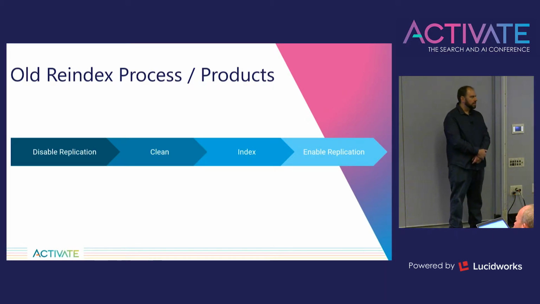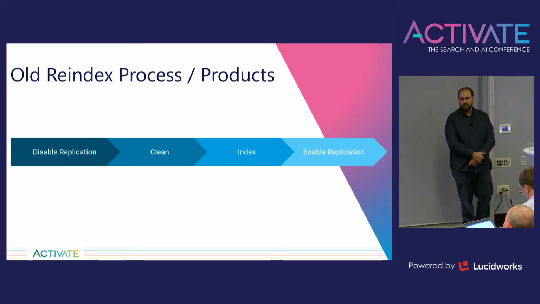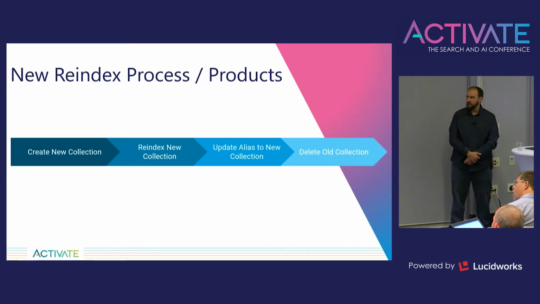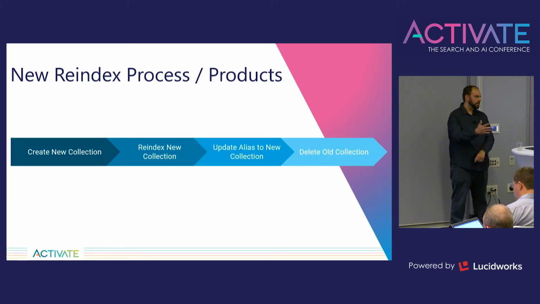Queries going to the cluster were going to get whatever that collection was returning at the point that the query was made, so we could no longer do the clean and hope to not serve a partial collection to customers. So the solution that we came up with was to make use of aliases, which we discovered as we were doing this work. And an alias is a pointer to a collection, if you've not used them before.